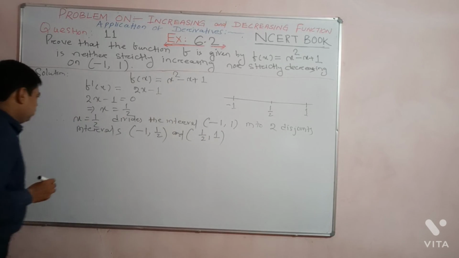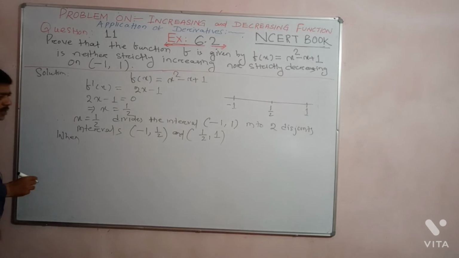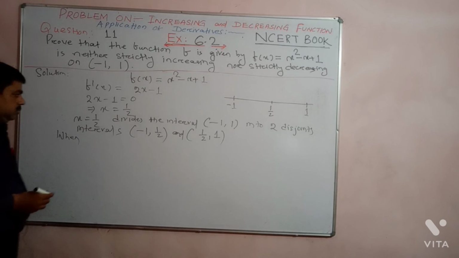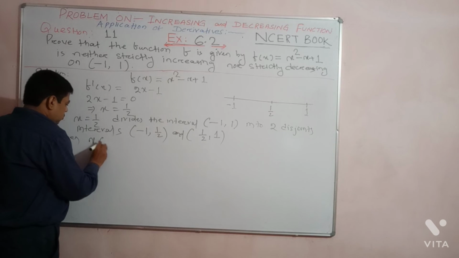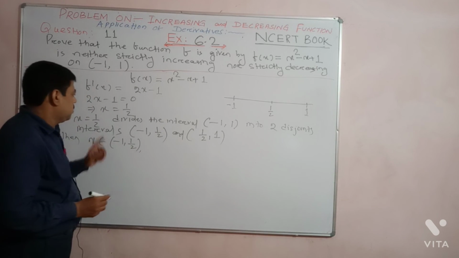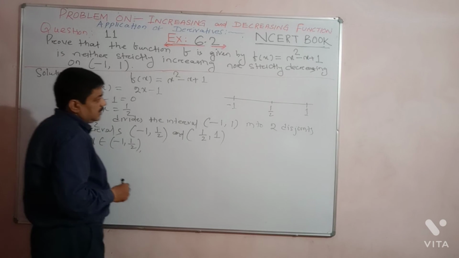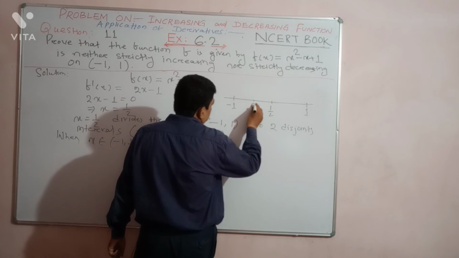In these two intervals we have to check whether the function is increasing or decreasing. When x belongs to (−1, 1/2), let us take a value in this interval. I can take x = 0, suppose.